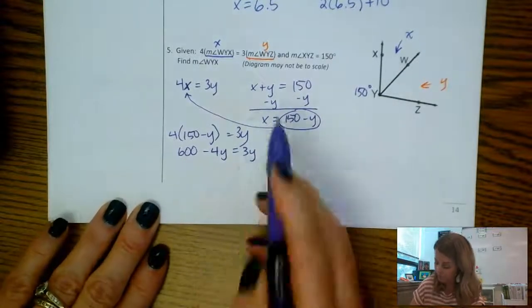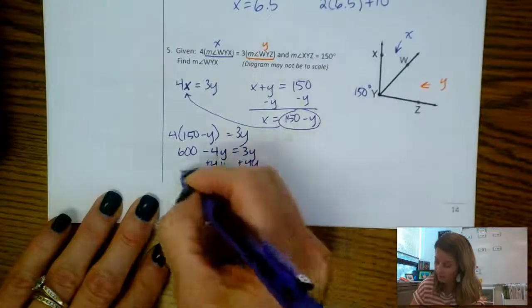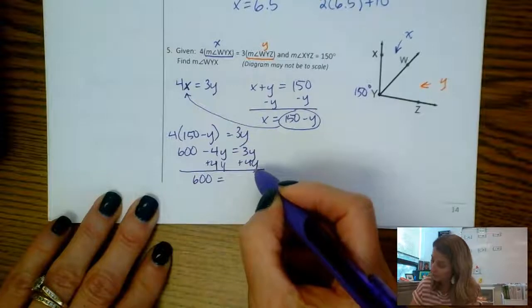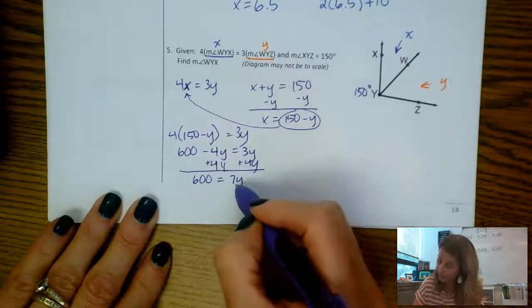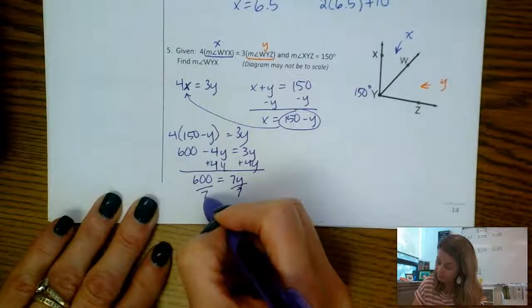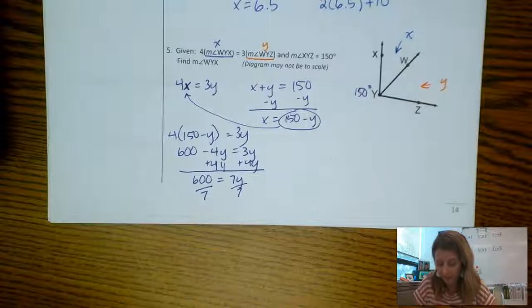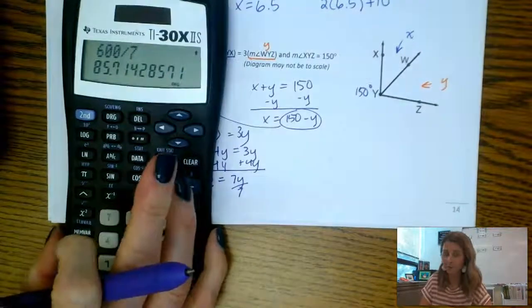So I can just move my y over here. Okay, so I have 600 equals 7y. And then when I divide by 7, I get an unusual decimal. I just divided that out and got this number, so I'm going to leave it.